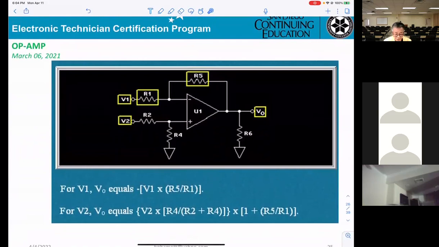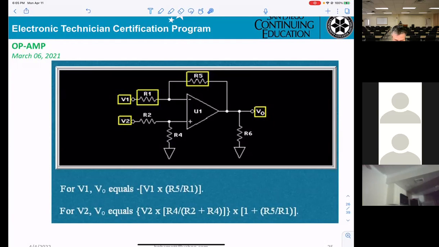Okay, now for V1. For the amplifier, you solve for V1, then V2 will be grounded.